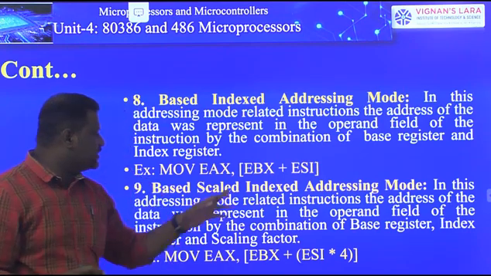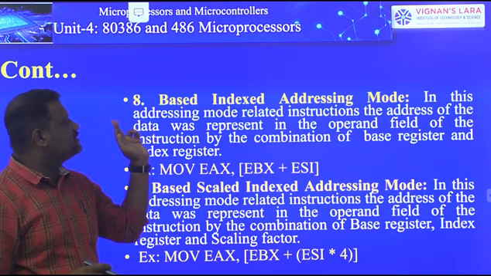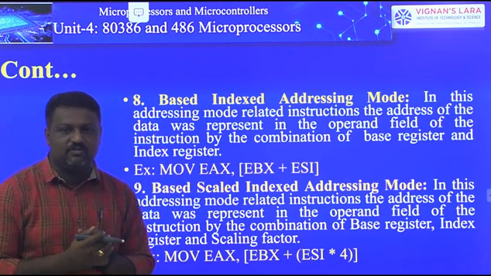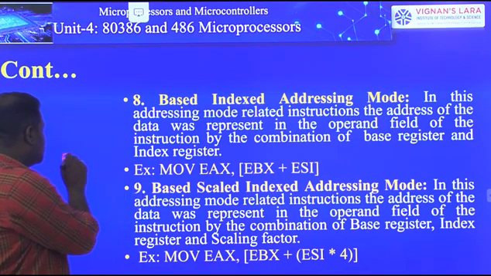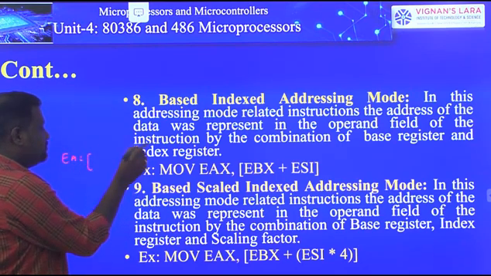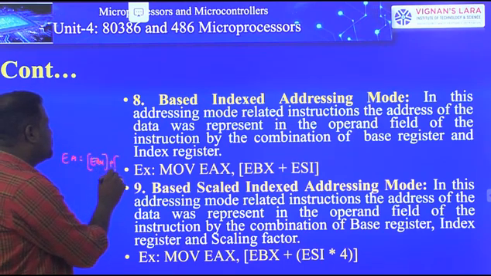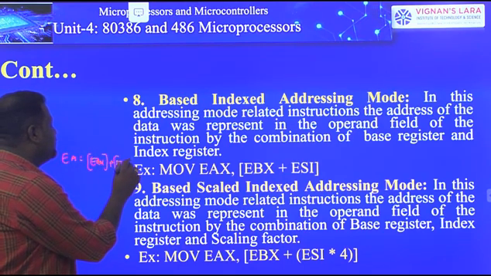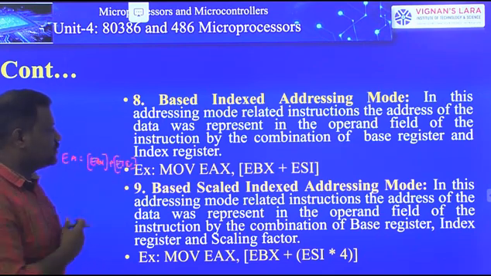That address location data is transferred to EAX. So this is the based indexed addressing mode. We calculate the effective address by simply adding the content of BX with the content of ESI. Then the final address we get, we consider as the effective address.